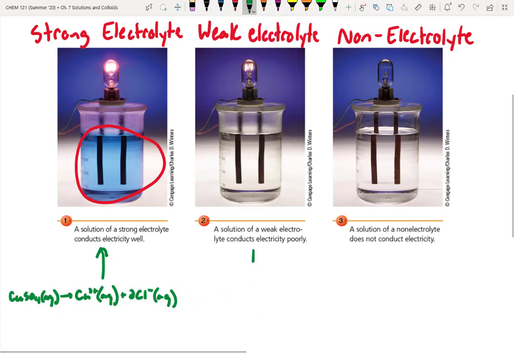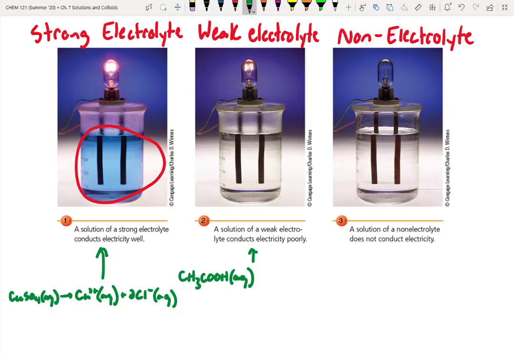And then over here, my guess is that this is acetic acid. So this is going to be CH3COOH aqueous, which really doesn't form very many ions.